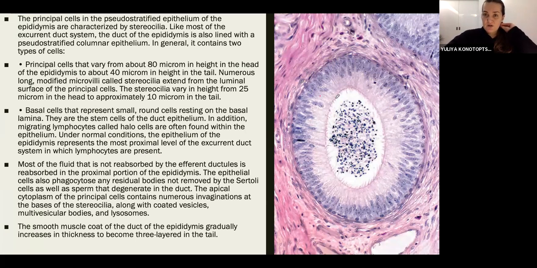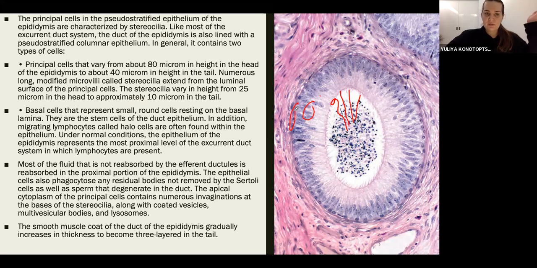You can see that these are the stereocilia at the top. But honestly, these stereocilia are nothing compared to the stereocilia that our slide has. Our slide has stereocilia like this, okay? So super, super long, super protruding. Once you see it, you know that you're looking at stereocilia. 2 types of cells are in the epithelium. These are principal cells and these are basal cells.